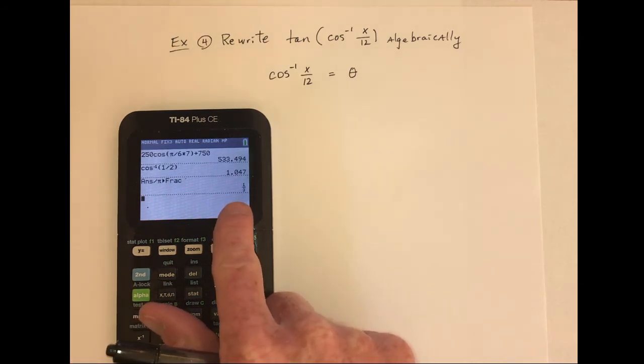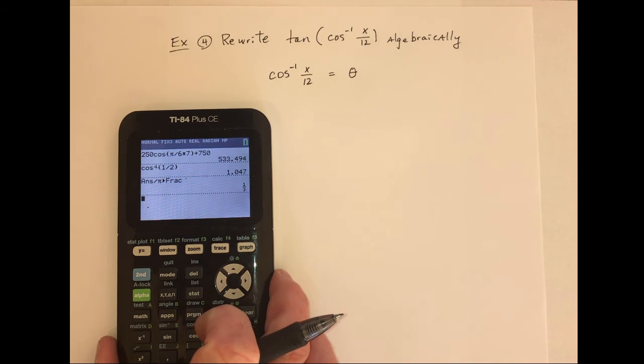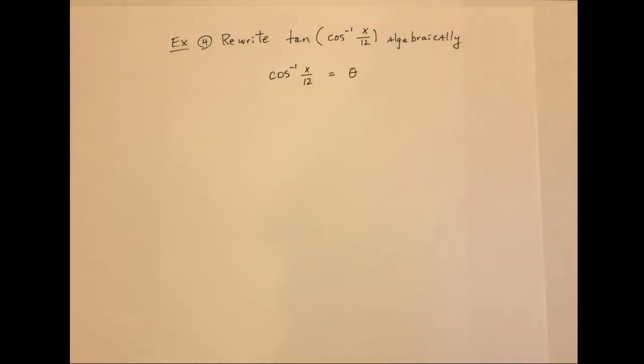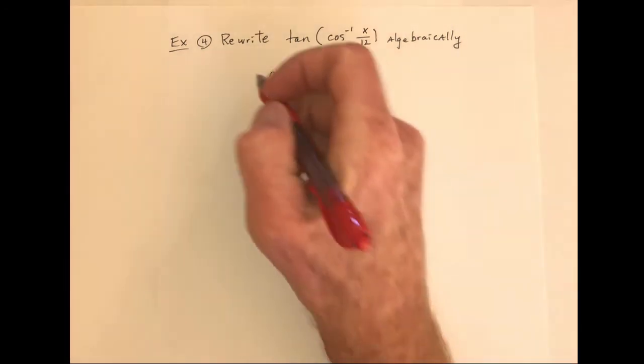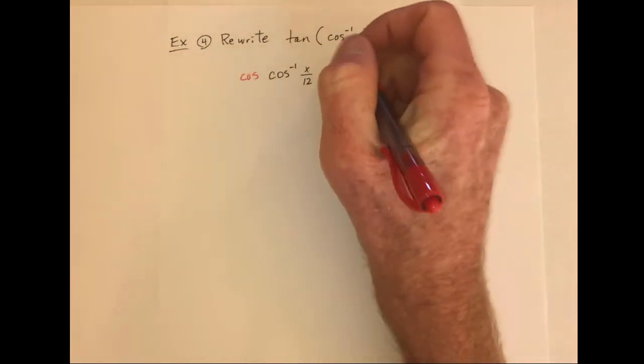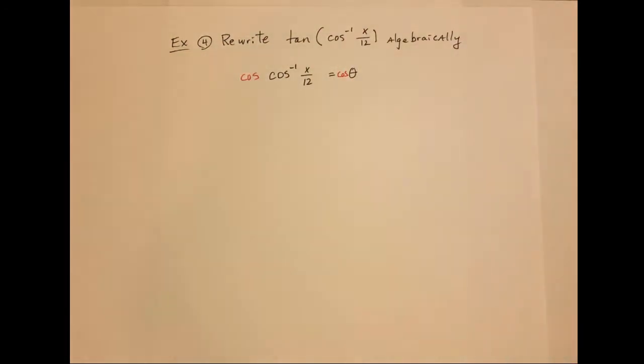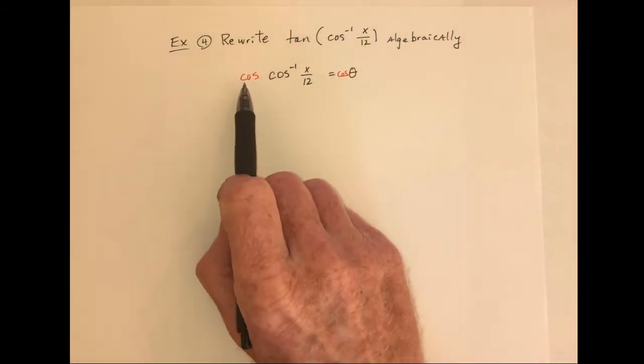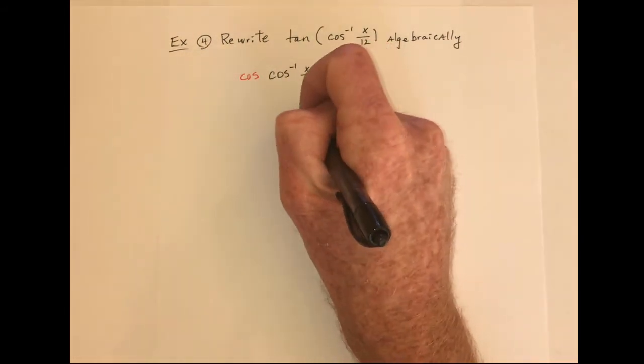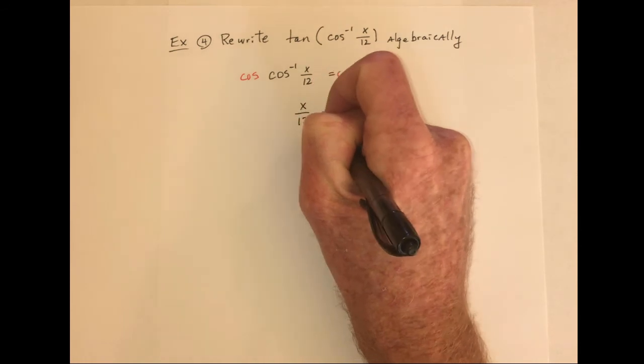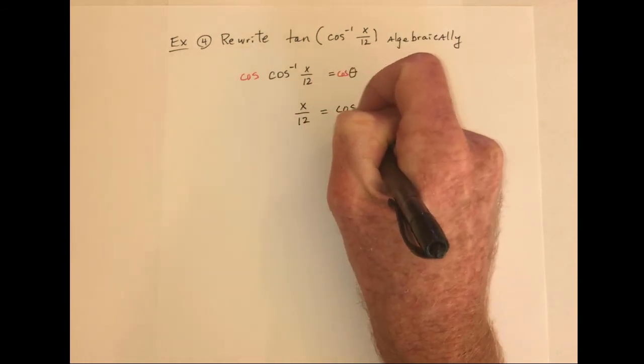So it's telling me that the angle is pi over 3, just as an example. So anyway, it equals an angle theta. Then what you can do is take cosine of each side. On this side, cosine and cosine inverse cancel each other out, and so it's x over 12 equals cosine of theta.